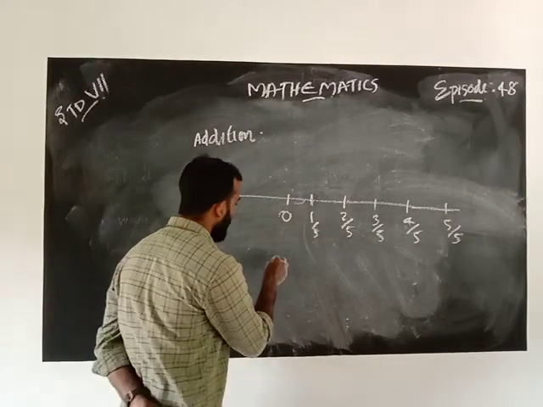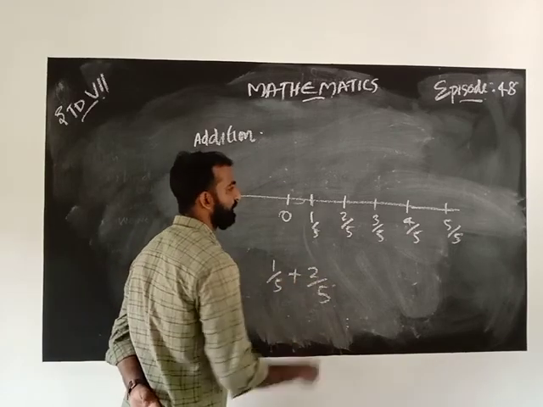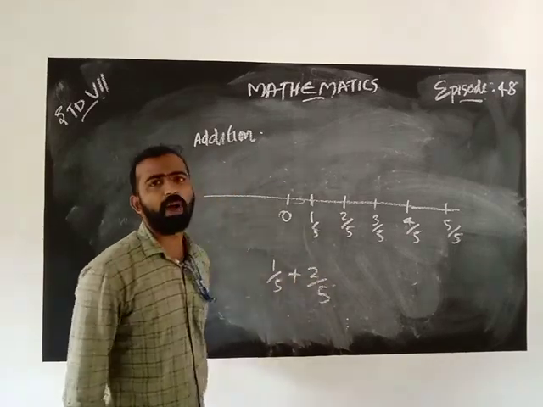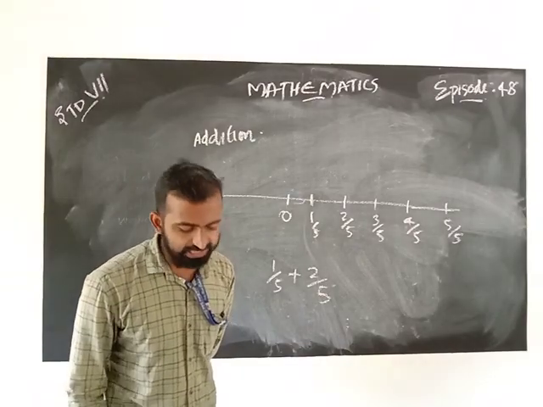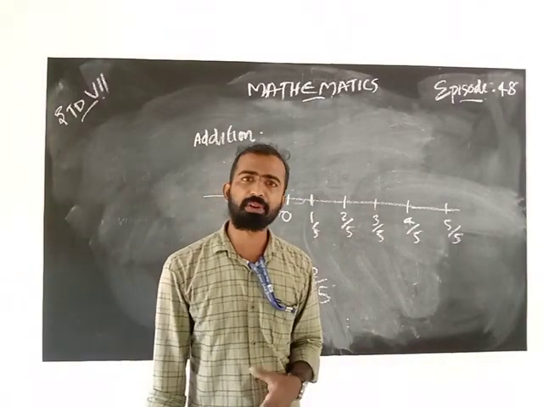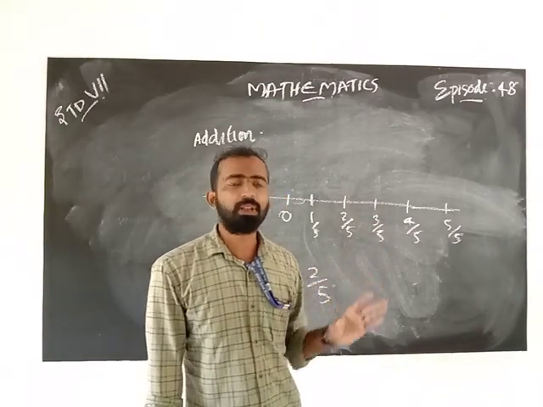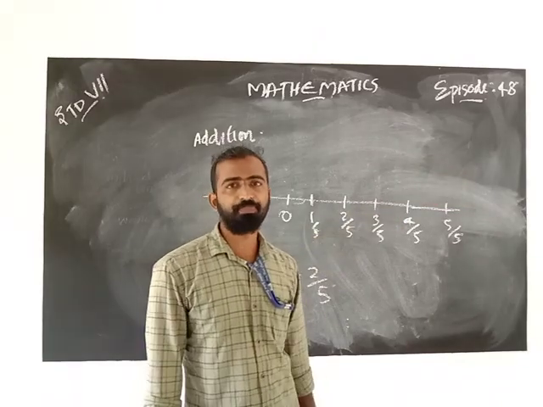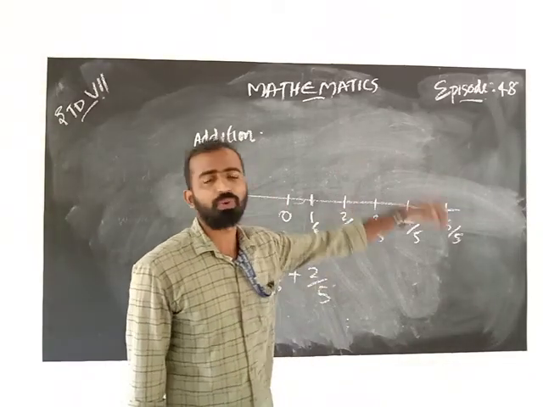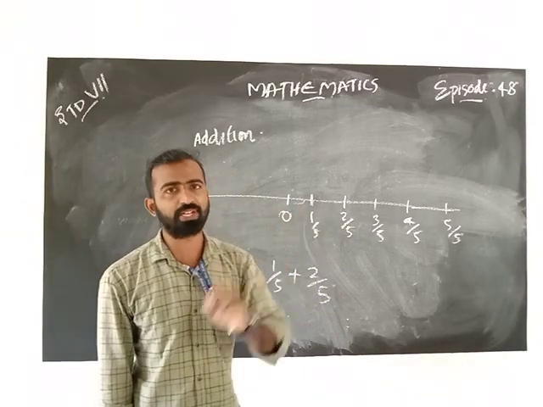We want to find 1 by 5 plus 2 by 5. What is the answer? In the first chapter, we already discussed addition on a number line. When we add, it moves to the right side. Here we take two positive rational numbers.